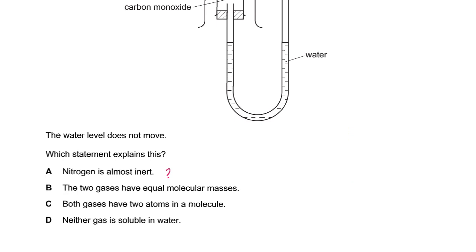Let's go back to the options and check the other ones. I'm very positive with this one. Okay? Both gases have two atoms in a molecule. Now, this is kind of an issue for people trying to do MCQs for the first time. This is a correct statement. But does it have anything to do with diffusion?